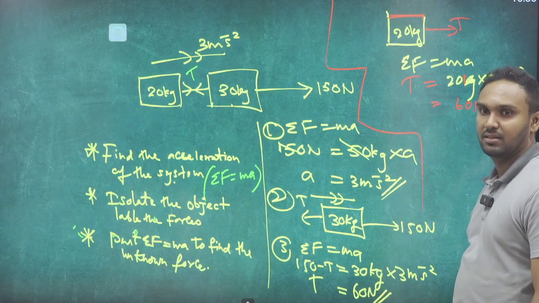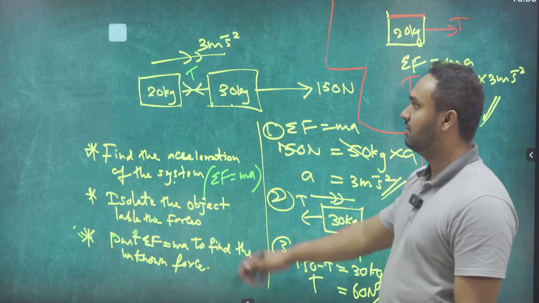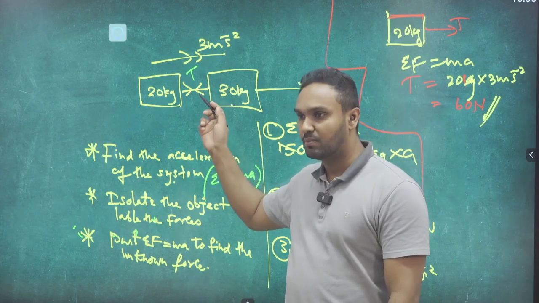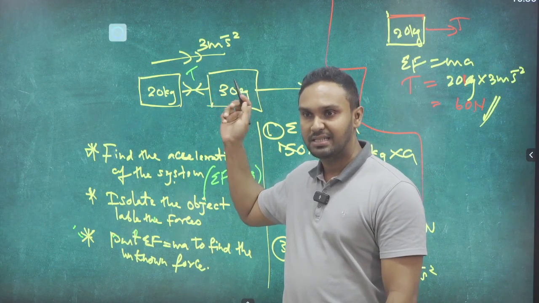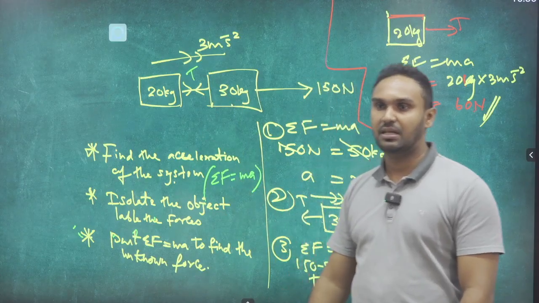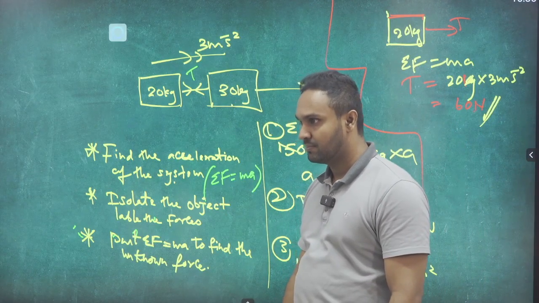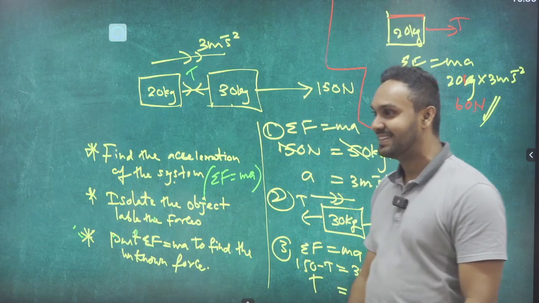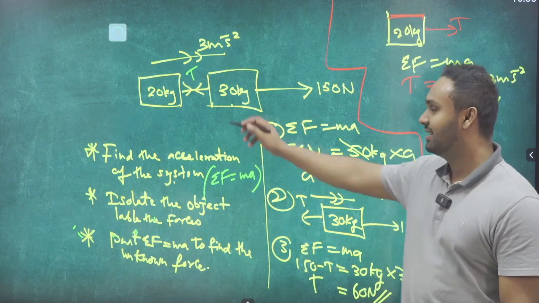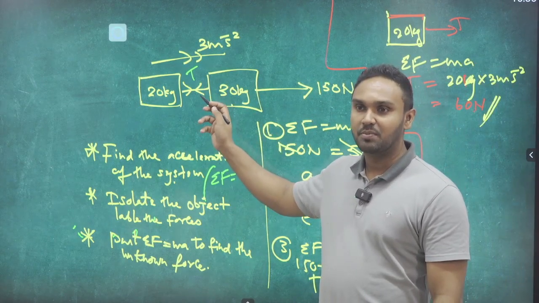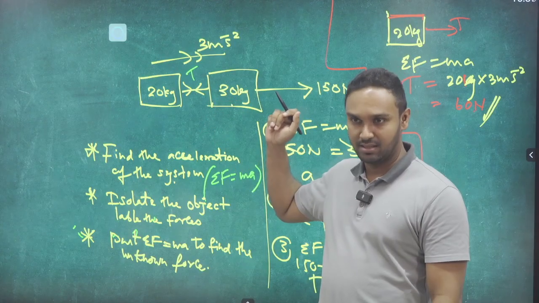It's the same answer, right? So it's because it's the same rope. If it is the same rope, it has to have the same tension, right? Yes, you understood it, right?